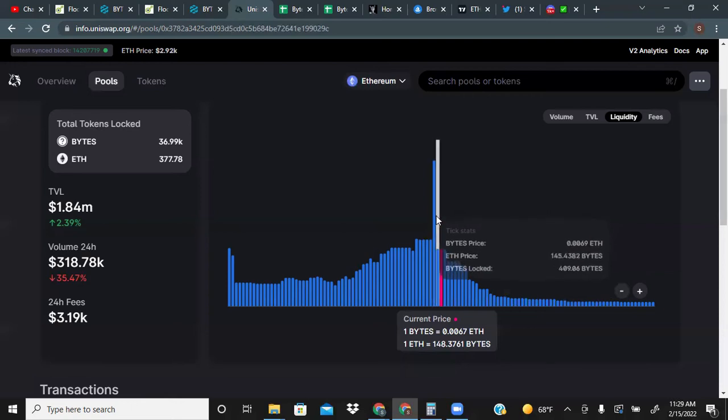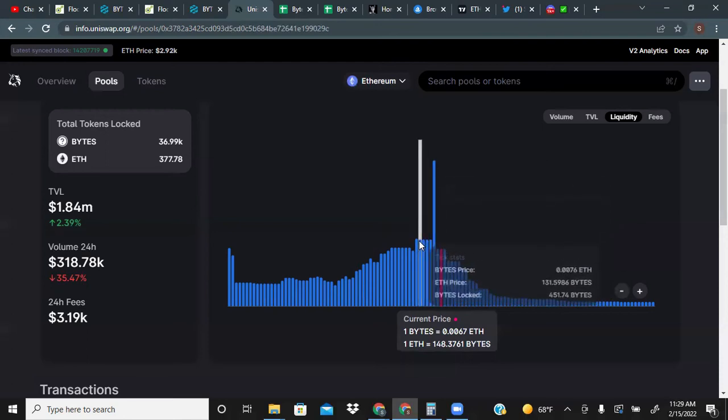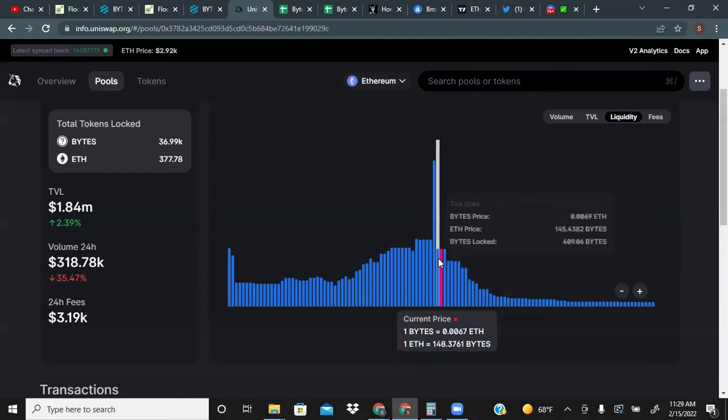Basically, creating a liquidity pool in certain ranges is the same thing as creating buy and sell orders. So assuming you created a sell position here, this liquidity pool position would turn from bytes to Ethereum as the price moves through.